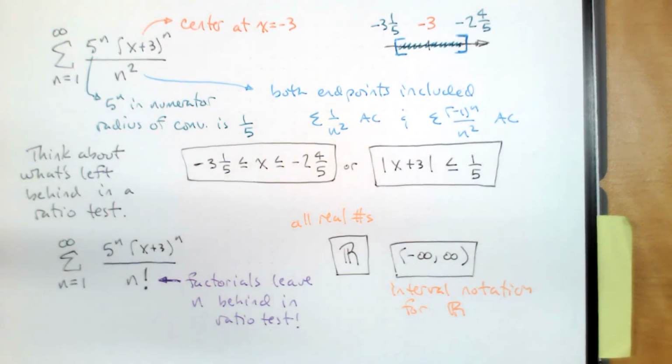If you want to indicate all real numbers, you make the fancy double barred R. It's just a regular R with an extra vertical line. Makes it look fancy. We started doing this because we got tired of writing all real numbers all the time.